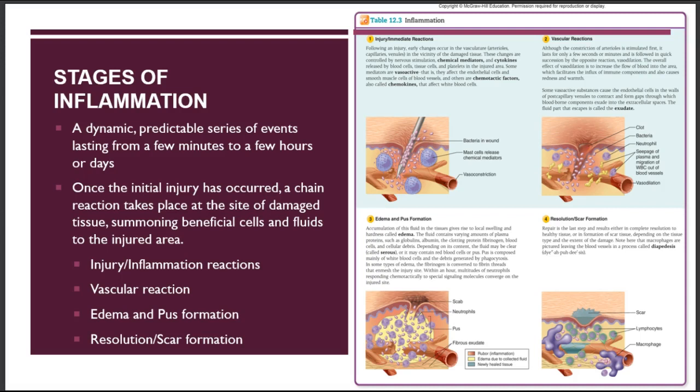The second step in the inflammatory response are the vascular reactions. This is where we're going to experience vasodilation. We're going to get more blood flow to the site of infection. We're going to get an influx of white blood cells, particularly neutrophils.